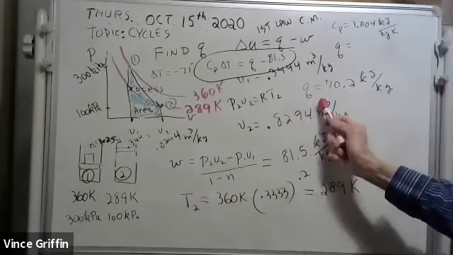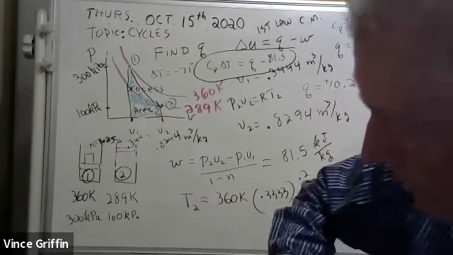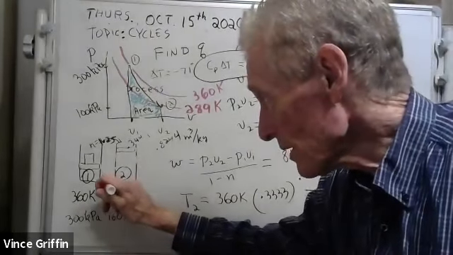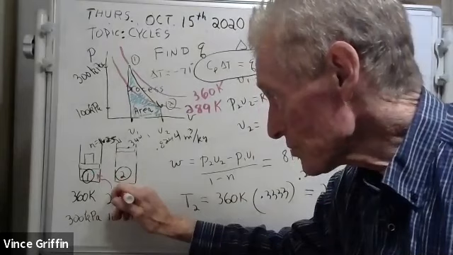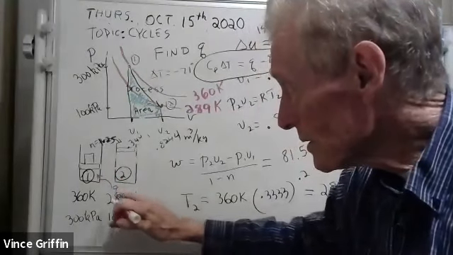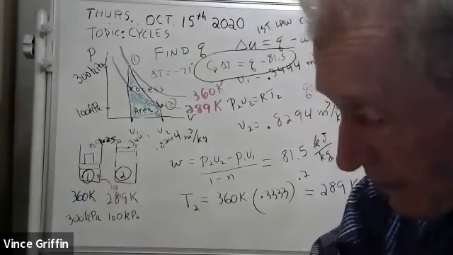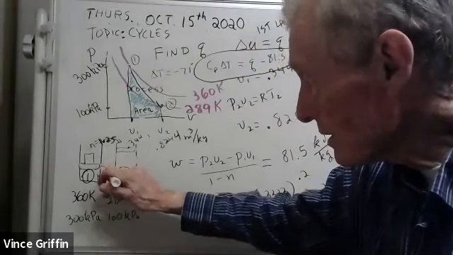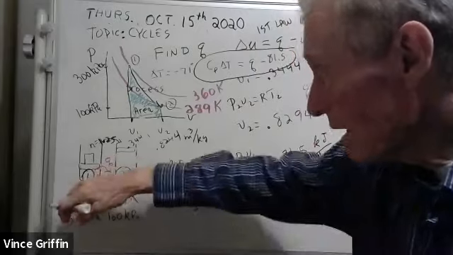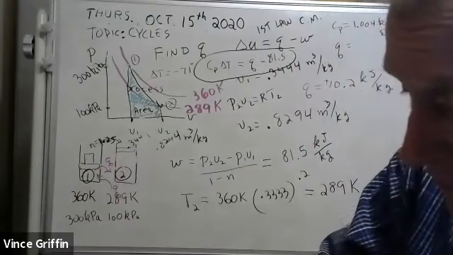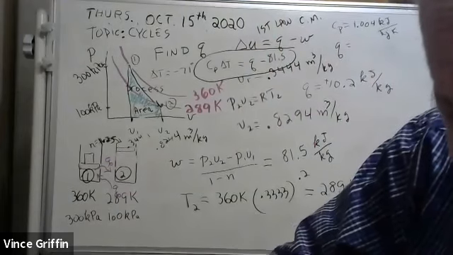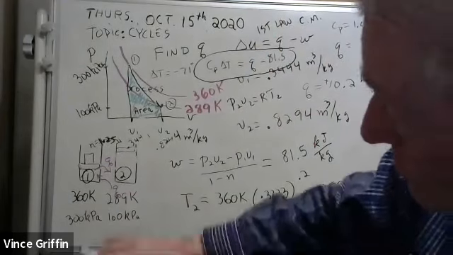If you have a positive heat transfer, Brian, does that mean that you got a heat transfer into your air in that piston, or does it mean that you have a heat transfer out of the air in that piston? Brian, you got a 50-50 chance of getting this right. Which is it?